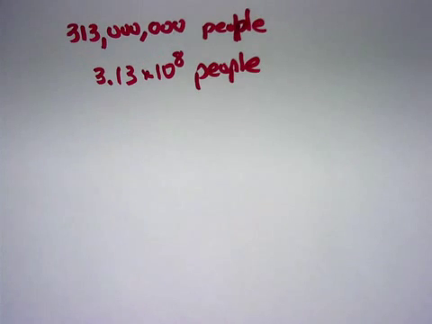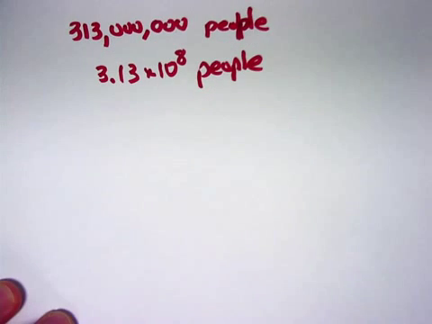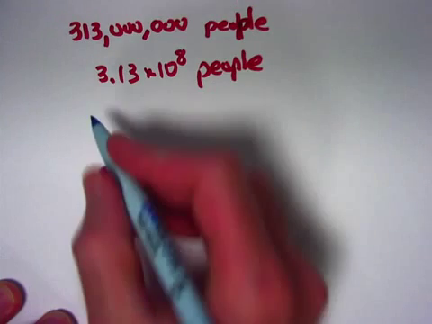The final thing to do is to put this number in perspective by estimating how long it would take you to shake everybody's hands, including babies. So you need to roughly estimate, if you were consistently, continuously shaking people's hands, maybe it takes you about 5 seconds to shake somebody's hand and nod at them and then go on to the next person.